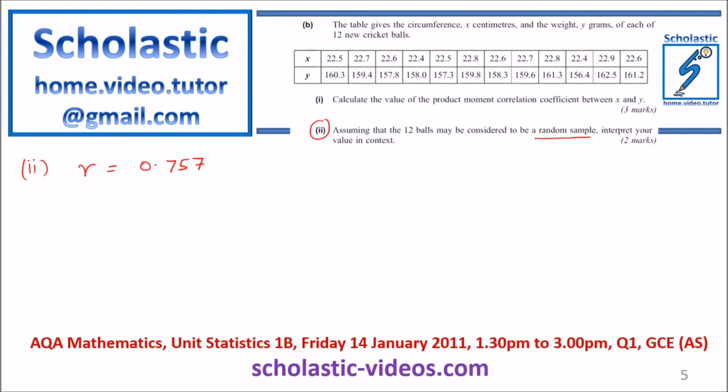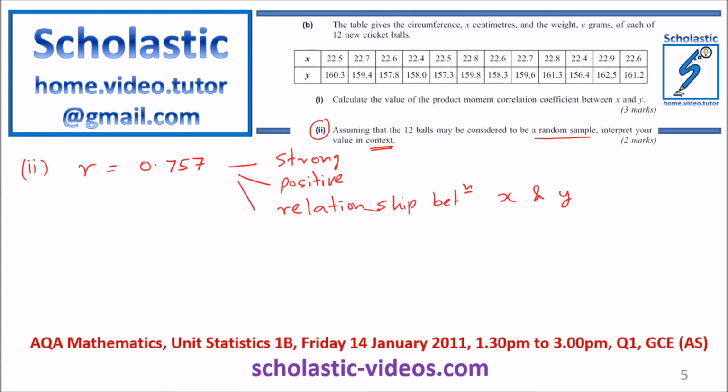Sometimes it can be fairly strong, or moderate positive, and also positive. So this is a positive. There are 3 things. One is strong, one is positive, and it's a relationship between x and y, because we need to look at context.